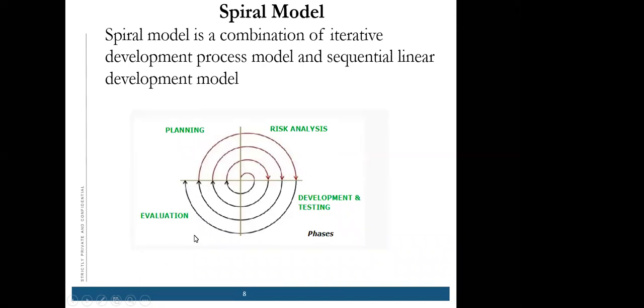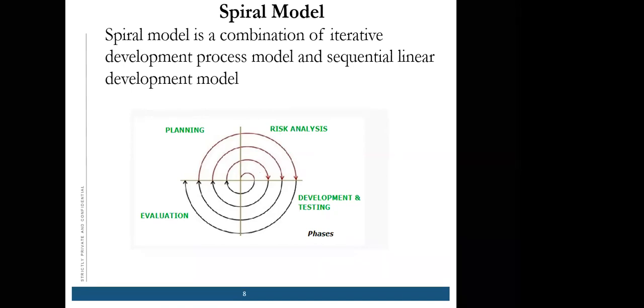The benefits of this model are that it allows requirement changes, and it is also suitable for large and complicated projects. The main thing is that it allows better risk analysis. This is the new thing introduced in the spiral model: it is better for risk analysis, and it is also very cost effective due to good risk management.